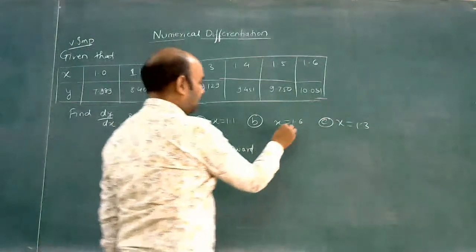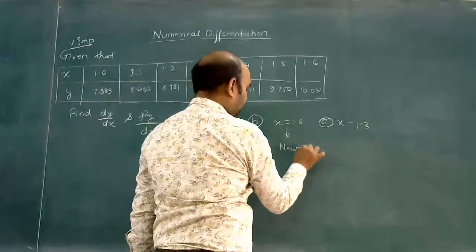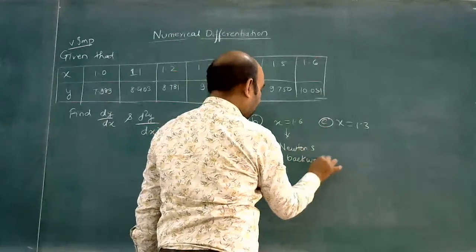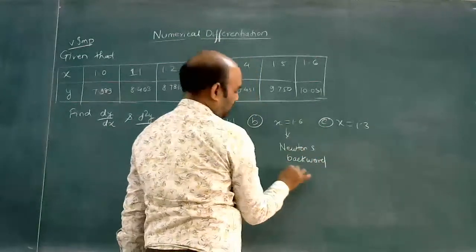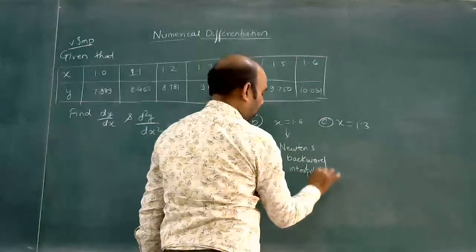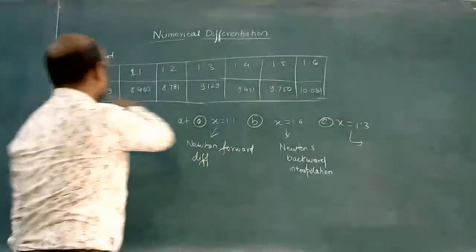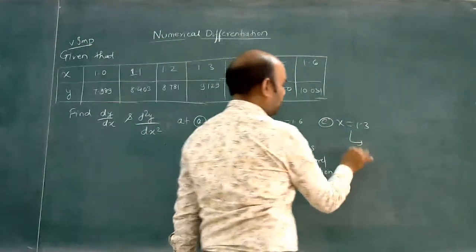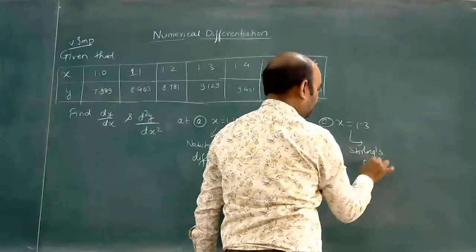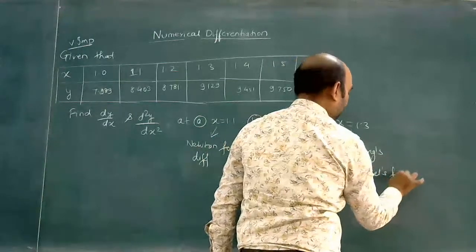And for x is equal to 1.6 we will use Newton's backward interpolation. And for x is equal to 1.3, it is the middle of the table, so we will use Stirling's or Bessel's.